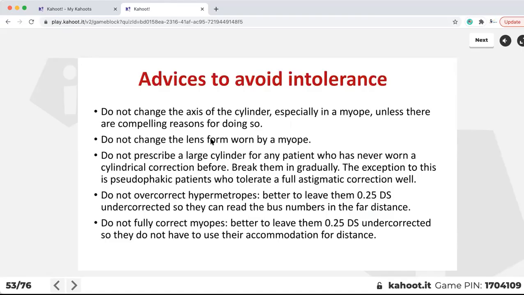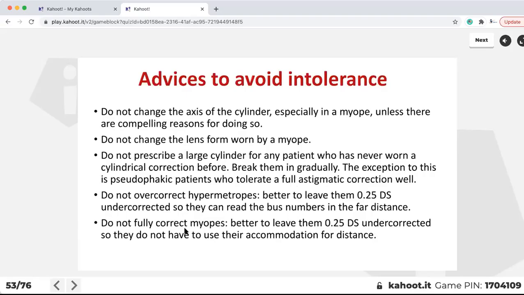Don't change the lens form worn by a myope. When you are prescribing a large cylinder for a patient who never wore a cylindrical correction before, make it in steps or gradually. The exception are the pseudophakes who can tolerate full astigmatic correction. Don't overcorrect hypermetropes, as it is better to leave them about 0.25 diopter sphere in order to see well for the far distance.